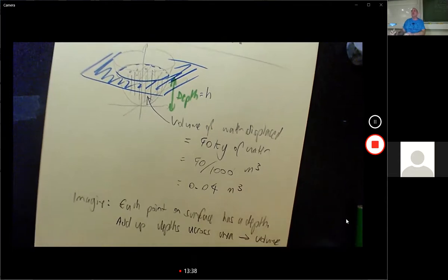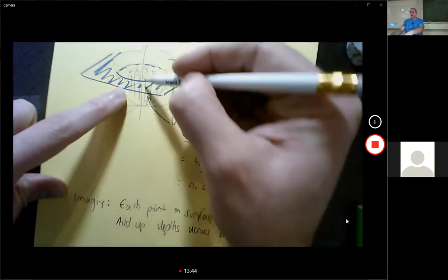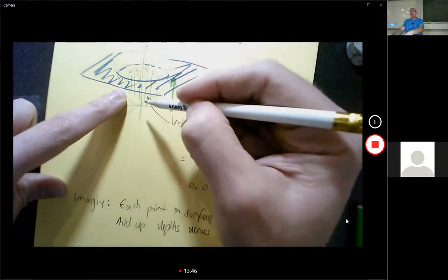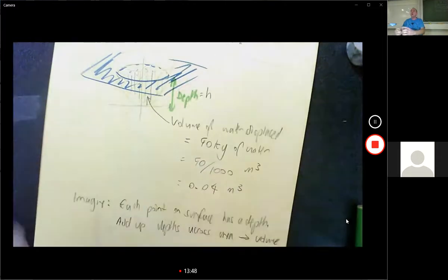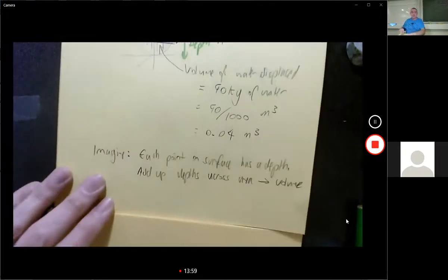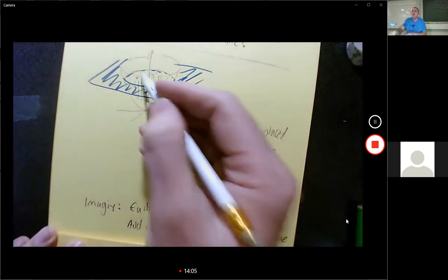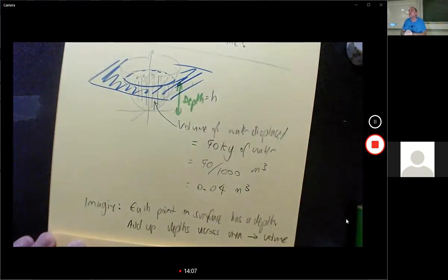So I need to locate every point in this circle and figure out what the depth is at every point. The depth is what I'm going to put inside my integral, and the locating is what's going to be on the integral signs. Being a circle, it's probably easier to locate every point in there using polar coordinates.